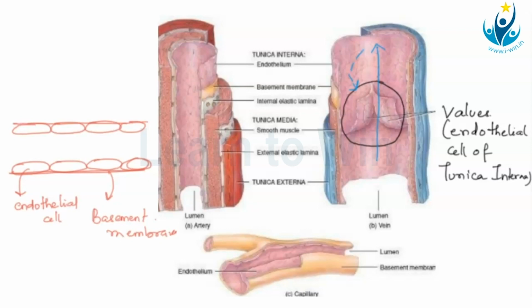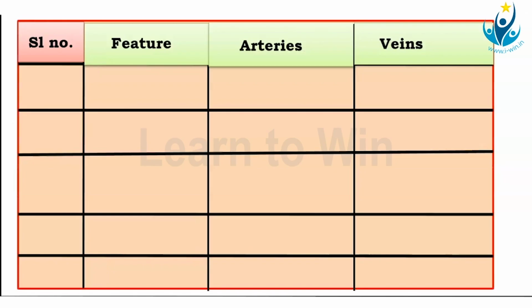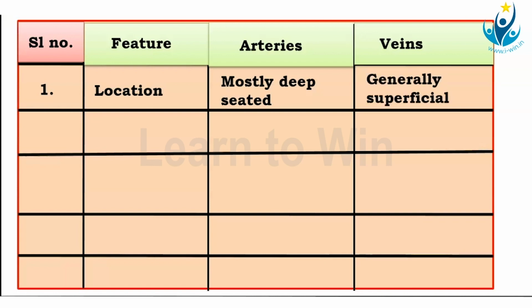Now we are going to have a tabular analysis to understand the differences between arteries and veins. The first difference is the location. Arteries are mostly deep seated, which means they are present within the body or within the musculature, whereas veins are superficial.